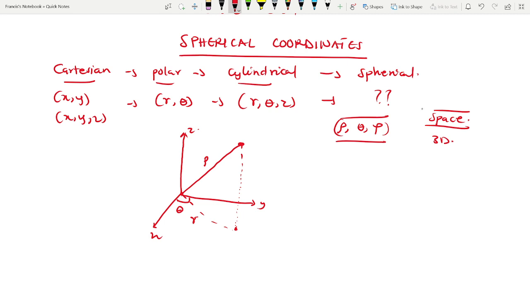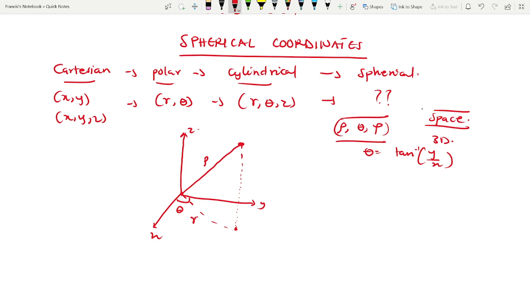So what we want to do is find the parameters. Now we know that rho is representing the magnitude from the origin to the point in space. Theta is the normal theta we know. When I say normal, I mean the polar form and also the cylindrical form, which always gives us the tan inverse of my y coordinate over my x coordinate.